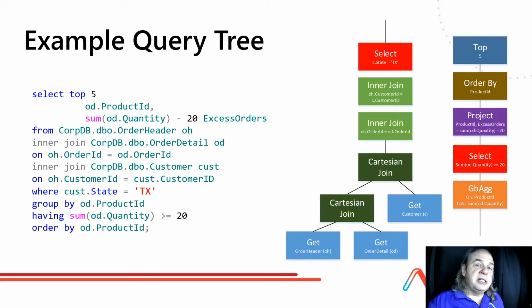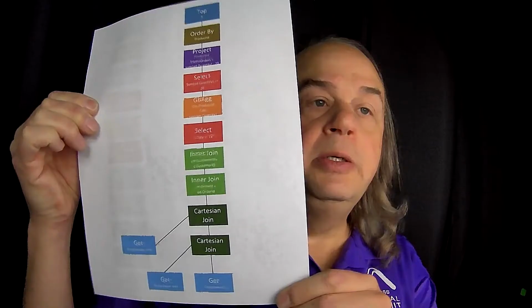This is the way that you will typically see a query tree represented in blogs and so forth that address this topic. And this is great, but as I started to study this, I thought it may make more sense to represent it more like a query plan that we're used to.